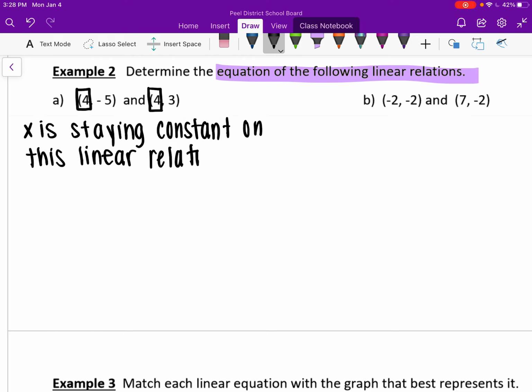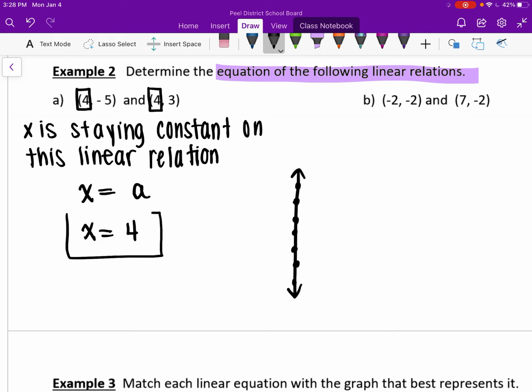If x is staying constant, it means that there is no run, so it's only rising, which means this is a vertical line. I know that the equation for a vertical line is x is equal to a, and my a value is just going to be whatever x is. If x is always 4, then x equals 4. And that is my equation.